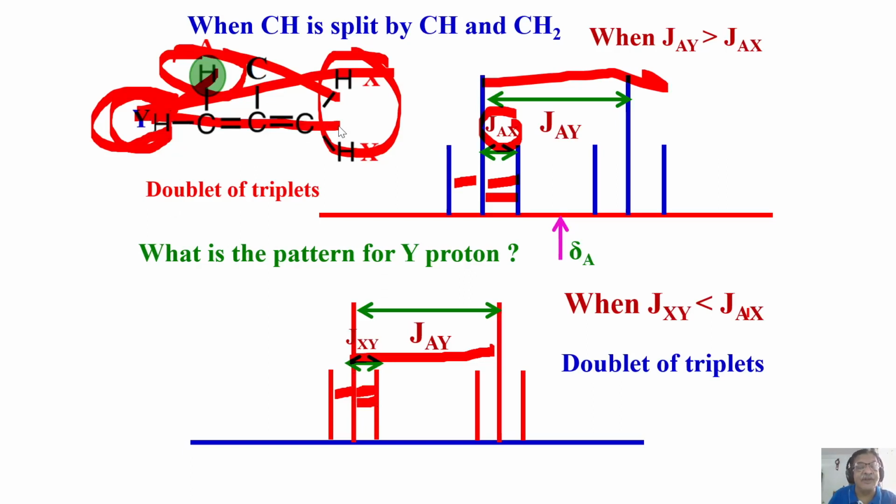You understand? So in this class we tried to discuss more about the multiplicity pattern when one proton is coupled to equivalent spins of identical couplings, equivalent groups of spins, and also we took one or two examples of spins where the coupling strengths are not equivalent, and we generated this pattern called a doublet of triplets.